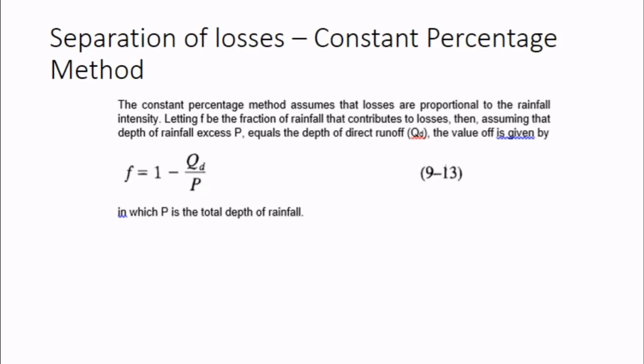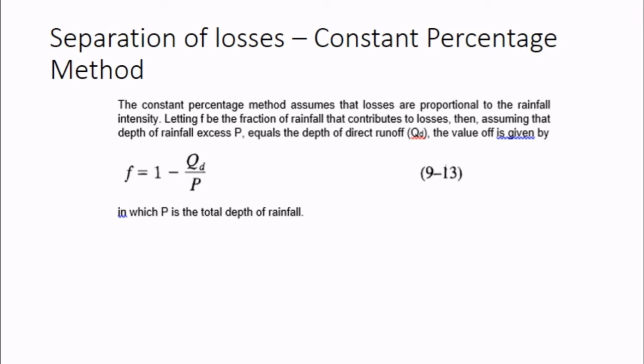And then, constant percentage method. So, the constant percentage method assumes that losses are proportional to the rainfall intensity. Letting F be the fraction of rainfall that contributes to losses, and assuming that the depth of rainfall excess P equals the depth of direct runoff Q sub D, the value of F is given by the equation, in which P is the total depth of rainfall.